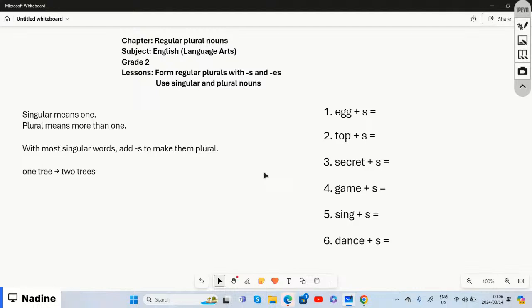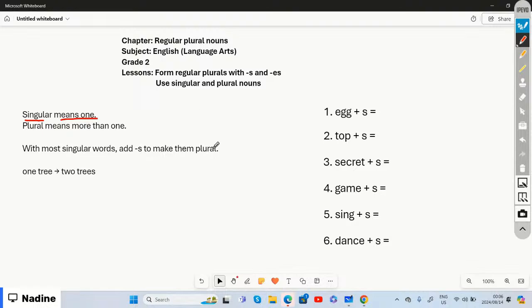So we said singular means one. Remember, we have our singular nouns, which means we are talking about one animal, one place, or one thing. And then we have plural, and plural means more than one. So anything that is two or more persons, animals, places, or things is plural.